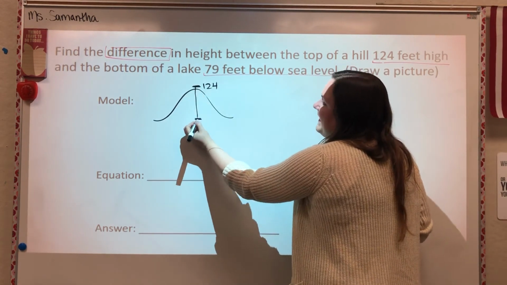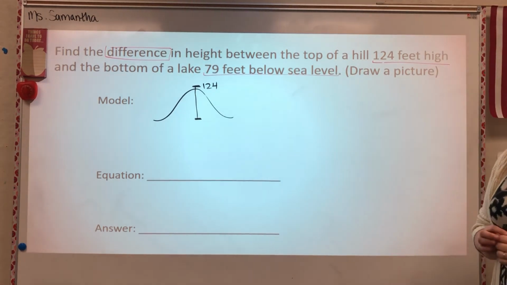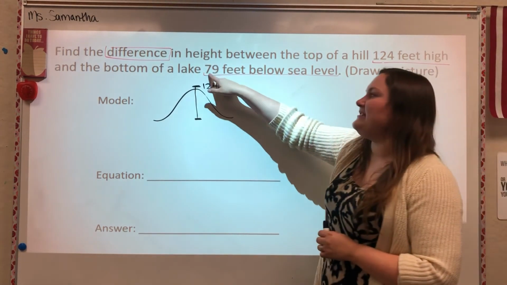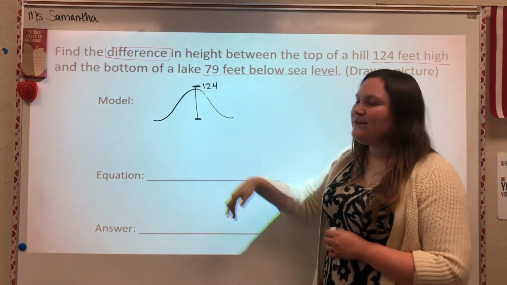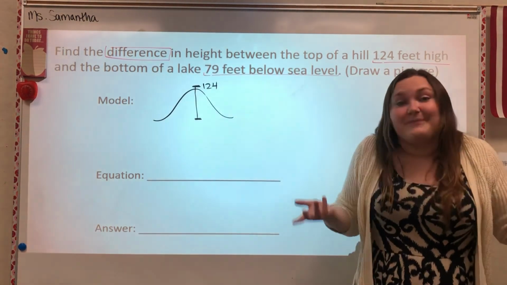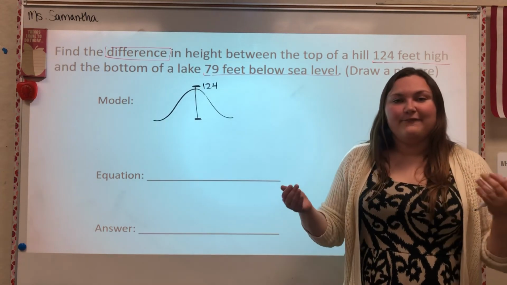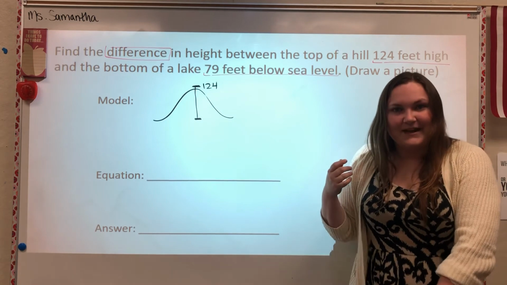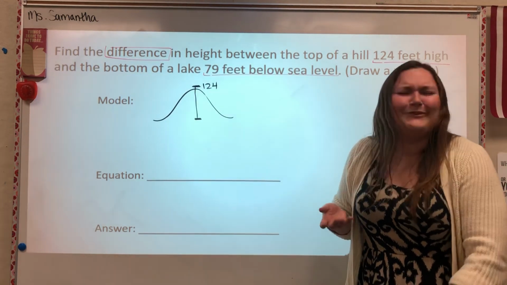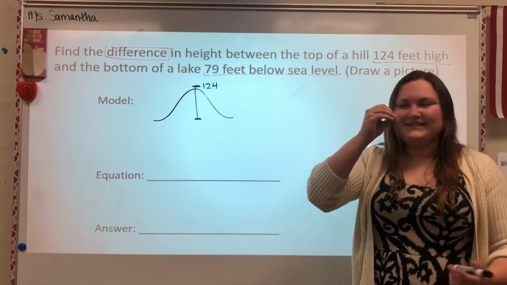What number is at the bottom of the hill? Well, sometimes students want to tell me 79, but that's not the bottom of the hill, that's the bottom of the lake. If you're measuring something, so for example, if I was measuring myself, if I tell you I am 5 feet 6 inches tall, that's the number at my head. What number is down at the bottom of me? What number is down by my feet? Well, 0.